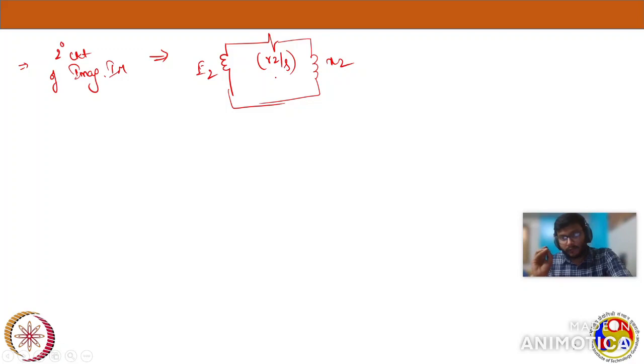Please don't get confused. The slip of my imaginary induction motor is 1 only, but here the S is the actual slip of the actual motor. That's where it comes into the picture. Can anyone tell the frequency of the circuit? How much is the rotor frequency here?